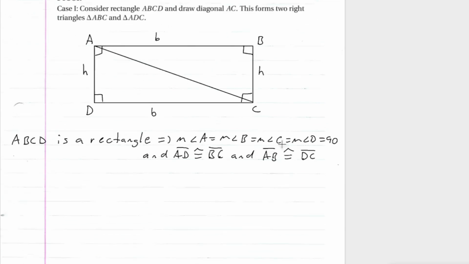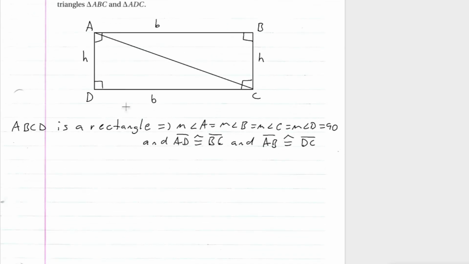So the first thing we have to do is show that both of these triangles are actually congruent. Because remember, we know the area of rectangle ABCD is just the base times the height.